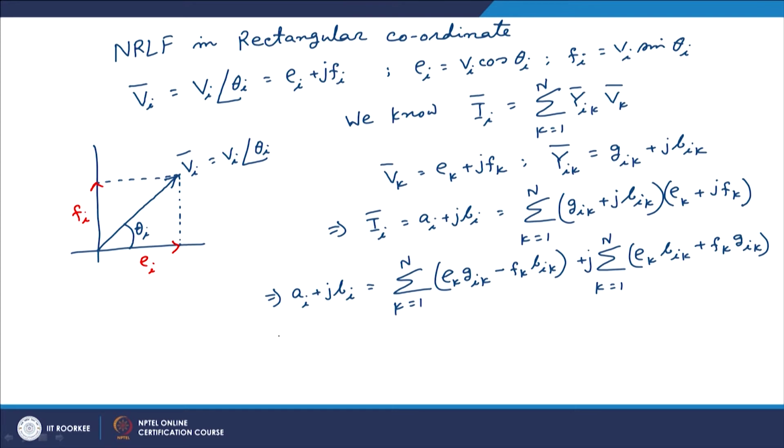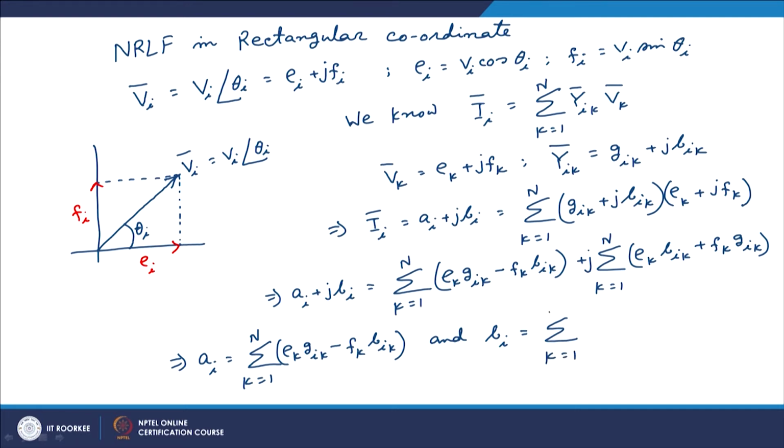Therefore, we have Ai, the real part of the current, given by the sum over k equal to 1 to n of Ek Gik minus Fk Bik, and Bi given as the sum over k equal to 1 to n of Ek Bik plus Fk Gik.